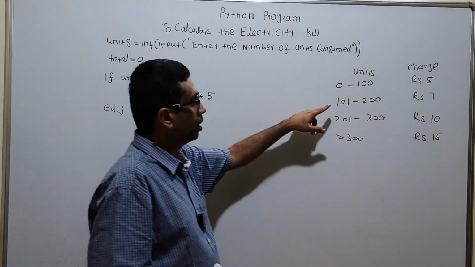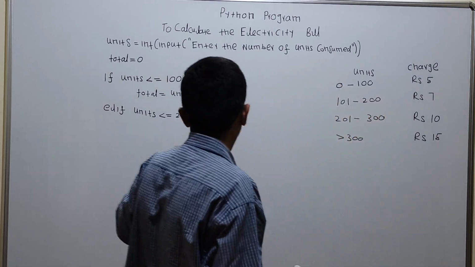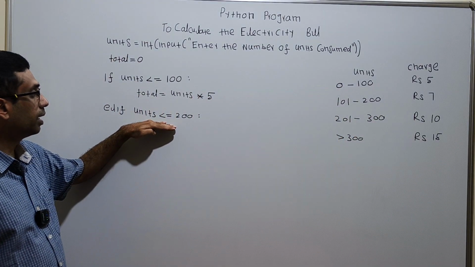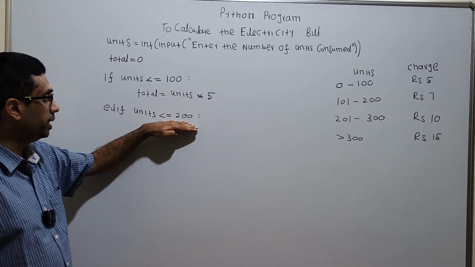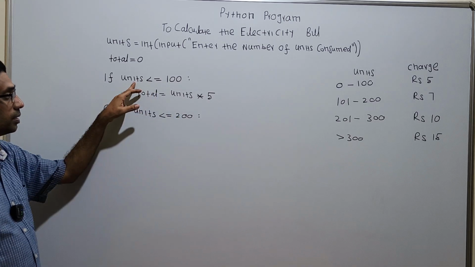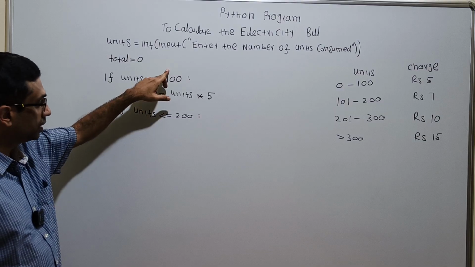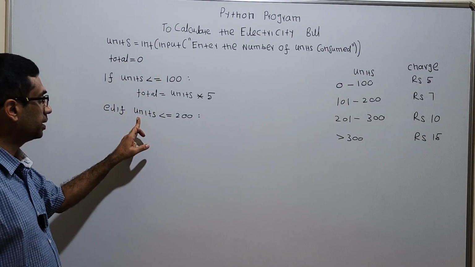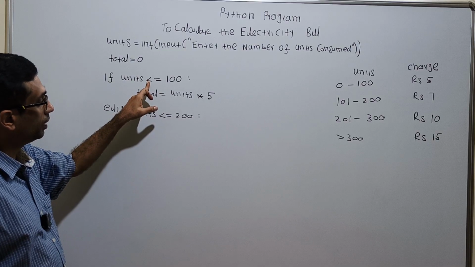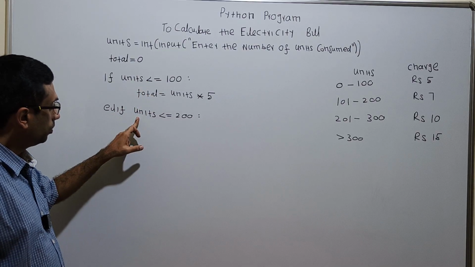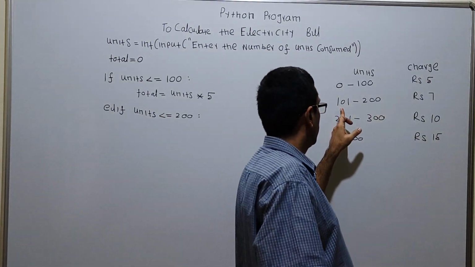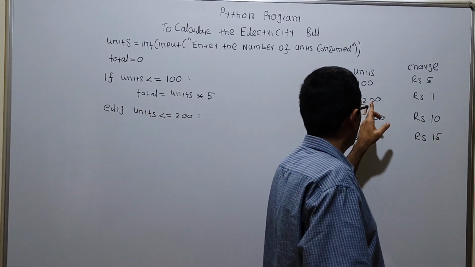It would be in the category of 101 to 200. For this, I am writing a calculation. If units less than or equal to 100 is false and units less than or equal to 200 is true, then this category belongs to 101 to 200.